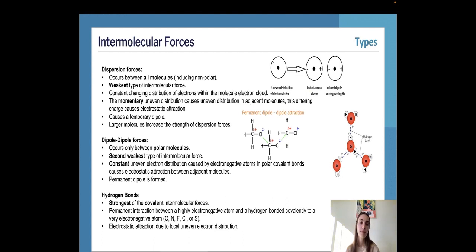And so this means that there's electrostatic attraction because there's local uneven electron distribution. And so what this means is that the very, very positive part, where the hydrogens are, can be attracted to neighboring water molecules on the oxygen, so on the very, very negative part where the oxygen is. And so this allows these molecules to be attracted to each other, thus forming the hydrogen bonds.